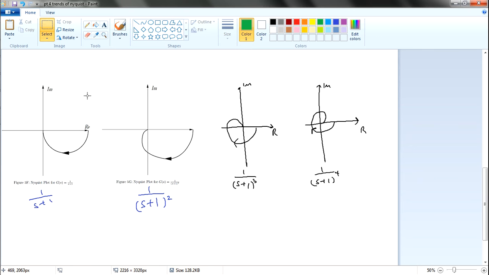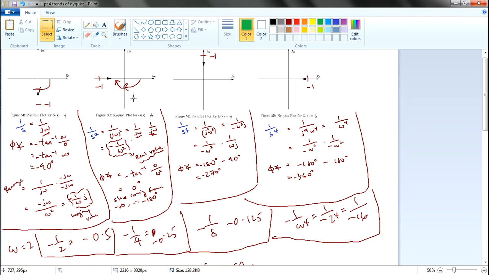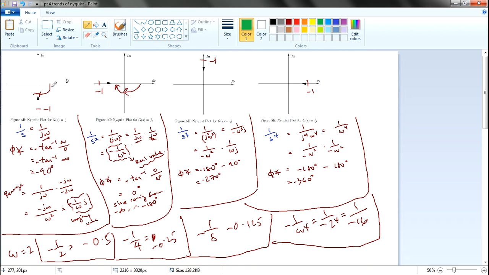As I said earlier, if it's first order, you have minus 90 degrees. If it's second order, you add in another minus 90 degrees, so it will be 2 times minus 90 degrees. Then for third order, you have another minus 90 degrees.